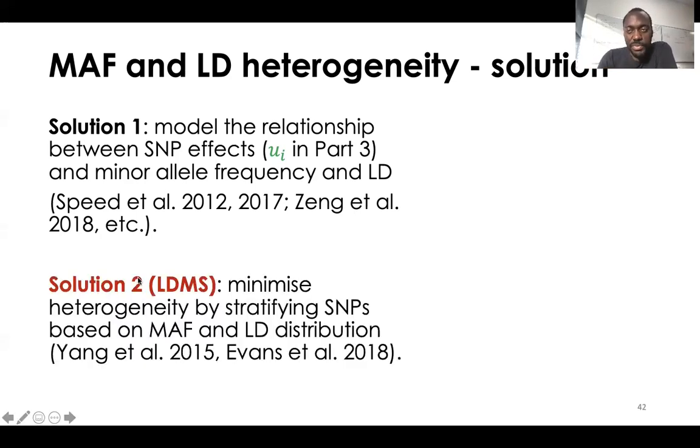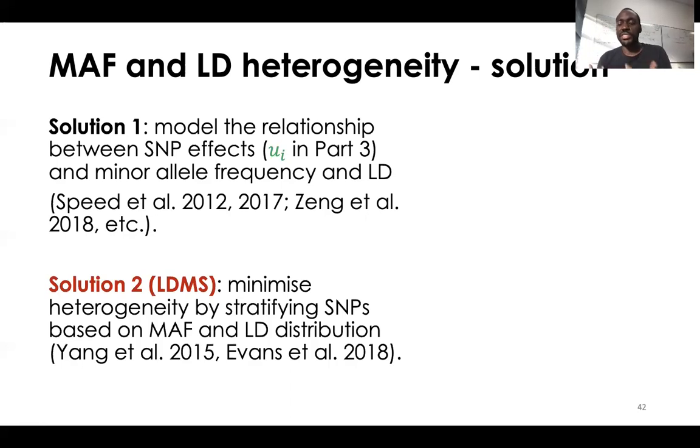But there is another method, which is a bit more agnostic, and this is the one I will talk about a bit more in the next slide, and the one we will also be playing with during the practical. This other method is, I would say, non-parametric in a way. It acknowledges that there is a heterogeneity between causal variants, which are largely not observed, and SNPs used to infer heritability.